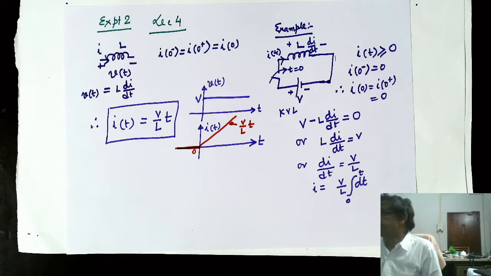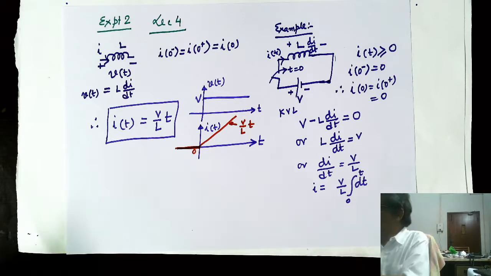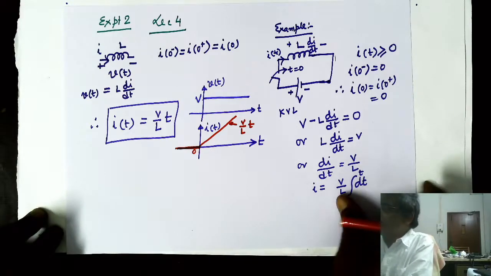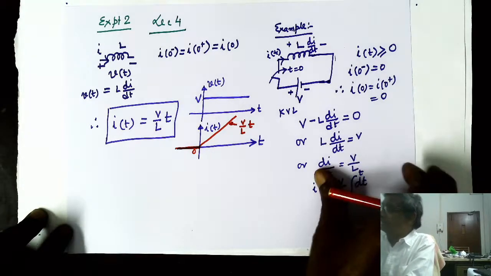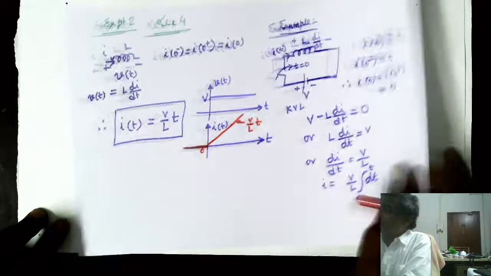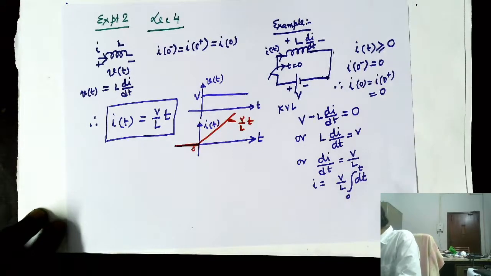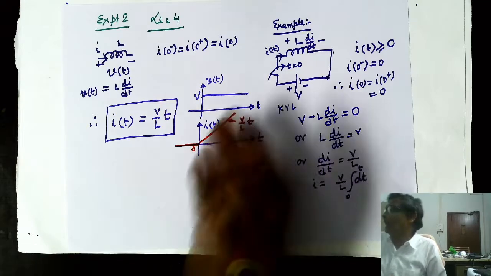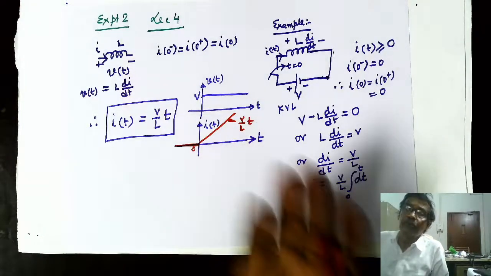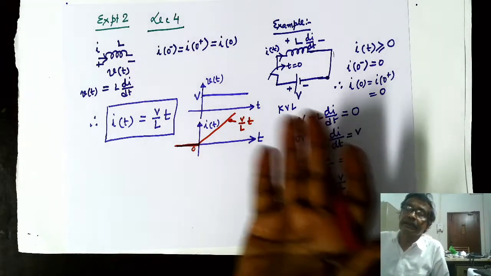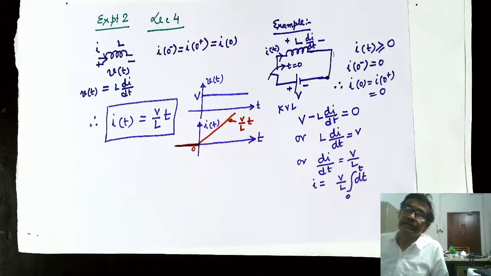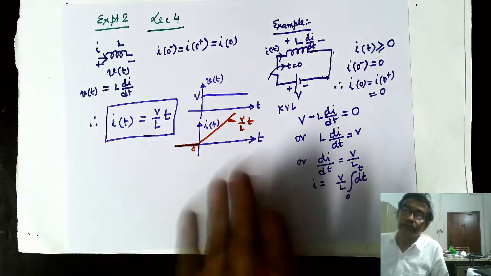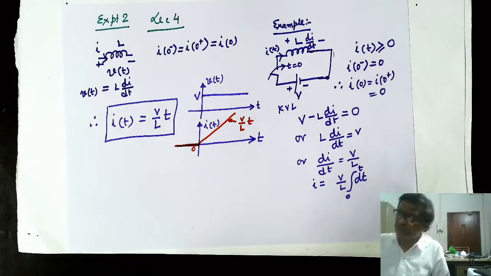Okay. Now, if you have understood this point, I will modify this problem a little bit. There is no point in applying a constant DC voltage across an inductor for a long time. The fate of that circuit we know. It will just burn out, fire will be there.